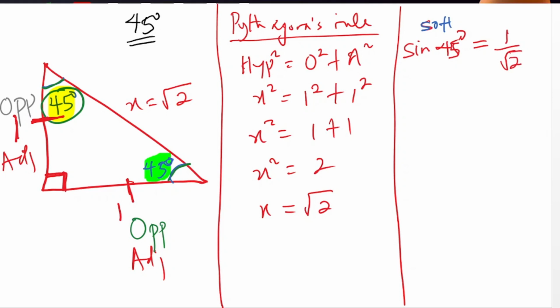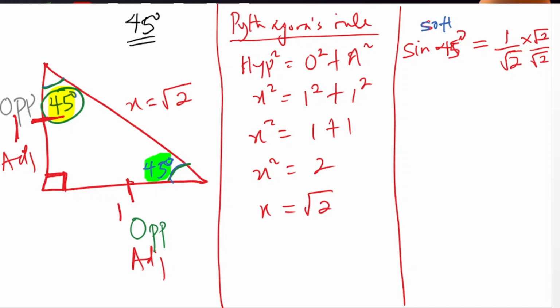But the thing here is that we can't leave our answer with the denominator in surd form. So what we're going to do is rationalize: we multiply this by root 2 over root 2. It's just that we are multiplying it by itself, which is 1.